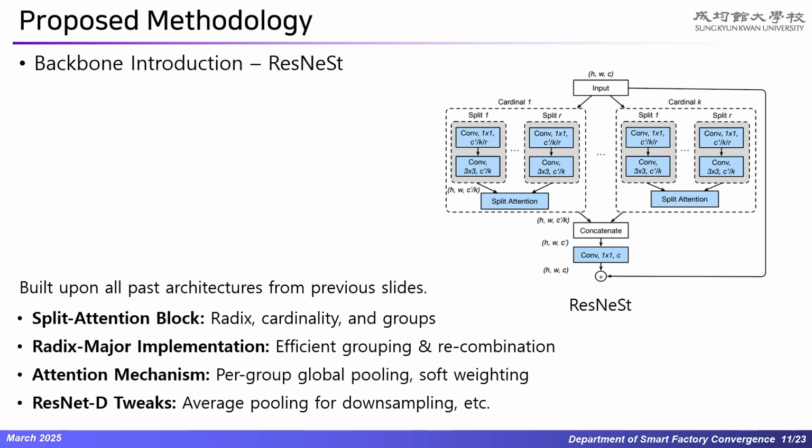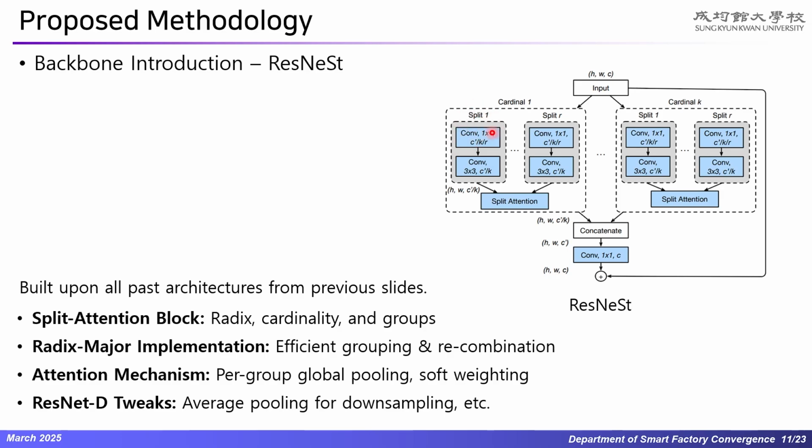Now, going more into the implementation of radix major, conceptually you could arrange these channel splits here into cardinality major or radix major. Radix major means we group channels so that all sub-branches belonging to the same radix index are physically adjacent in memory.